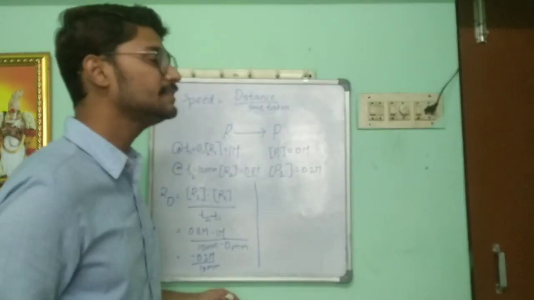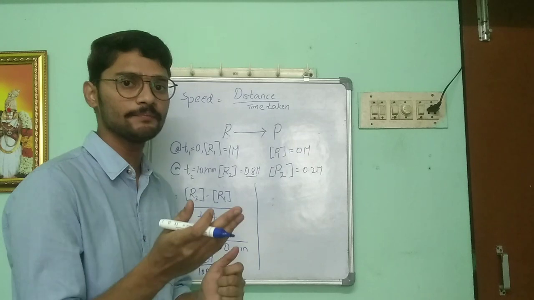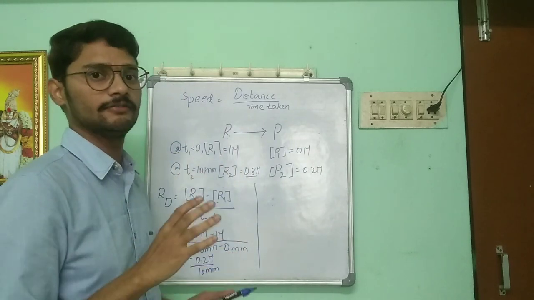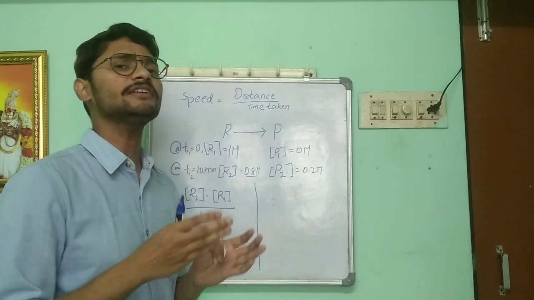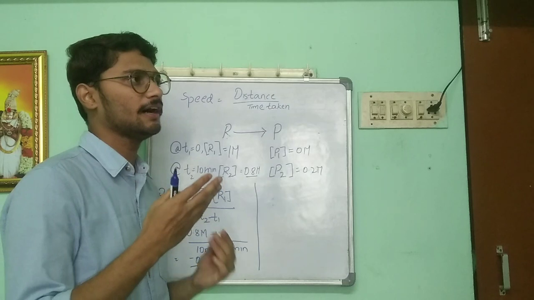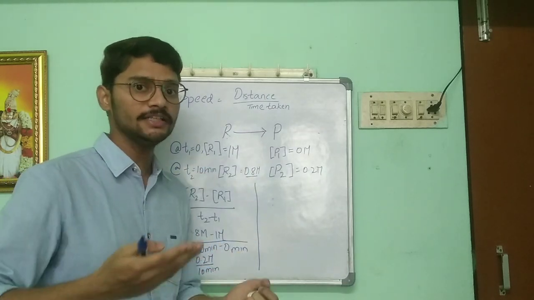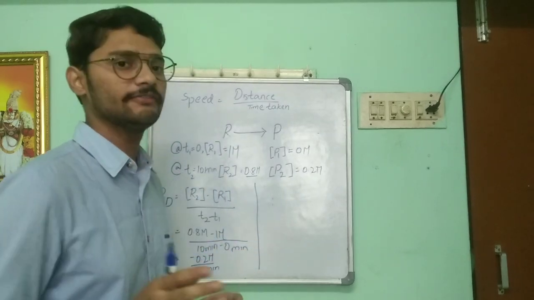So is it possible to have negative concentration? Whenever you prepare something, you take some amount of reactant R. Whenever you are preparing a solution, concentration can never be negative. Can the speed be negative? Can you travel at minus 40 km per hour? It is definitely impossible.